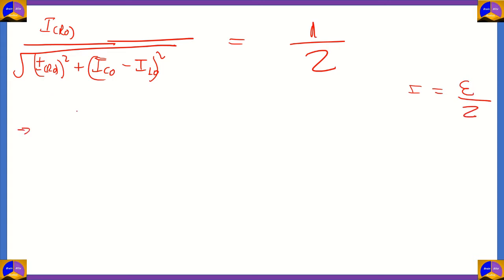So for the resistor, the reactance will be equal to the resistance of that resistor.